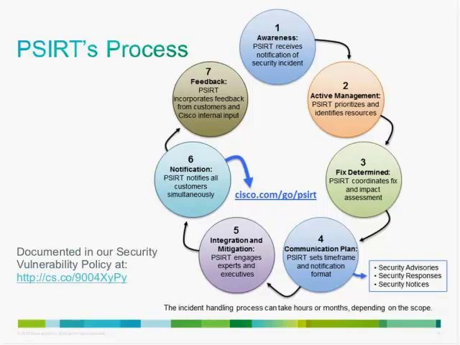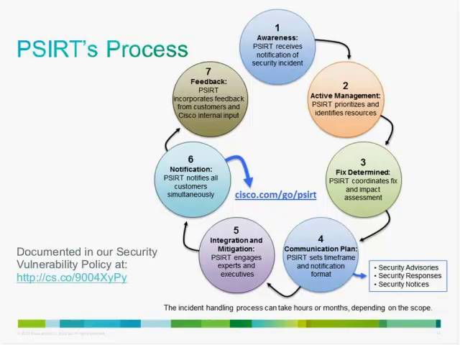Now, to go over the PSIRT process from a very high level perspective, I would like to start by saying that anybody, not only a security expert, but anybody within the industry or anybody within Cisco or outside of Cisco can report a security incident or a potential vulnerability on a Cisco product to the PSIRT team. So our process starts at that point. Again, we become aware of a potential vulnerability on a Cisco product, and even in some cases non-Cisco products that may affect the industry as a whole.